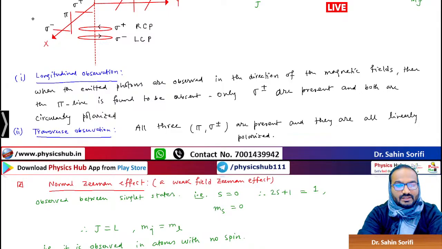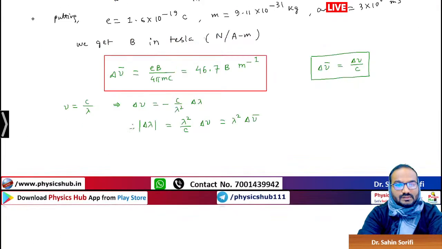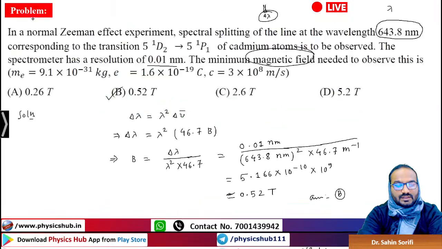Here we have only told you which polarized components are present or absent, and specifically for the anomalous Zeeman effect we'll talk about it.